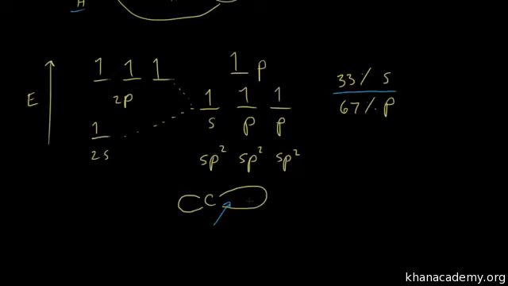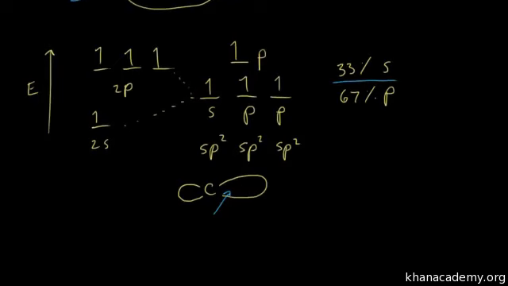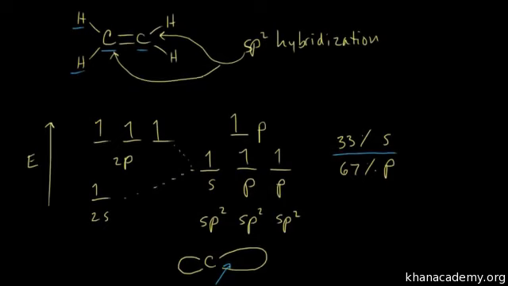This is going to affect the length of a bond when we're talking about carbons that are bonded together that are sp2 hybridized. Let's go ahead and try to draw the ethene molecule showing these sp2 hybrid orbitals. So if I go back up here and look at the dot structure for ethene, each carbon in ethene is sp2 hybridized.